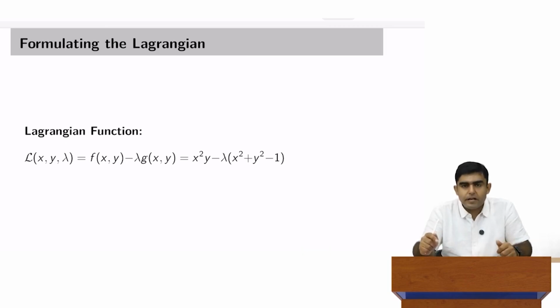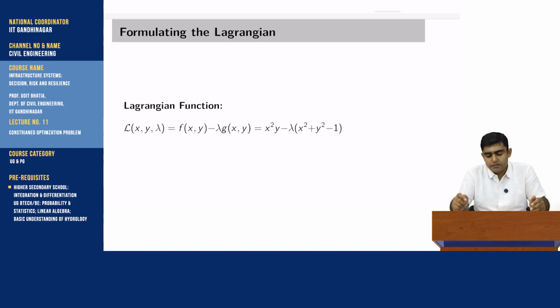So, the first step, as always. I think this is the fifth time we are writing this Lagrange function, deliberately, just to emphasize how important Lagrange multipliers are in the context of optimization. So, never hesitate to write them again and again when you are dealing with equality or inequality constraints. In this case I write it as x square y minus lambda times (x square plus y square minus 1).